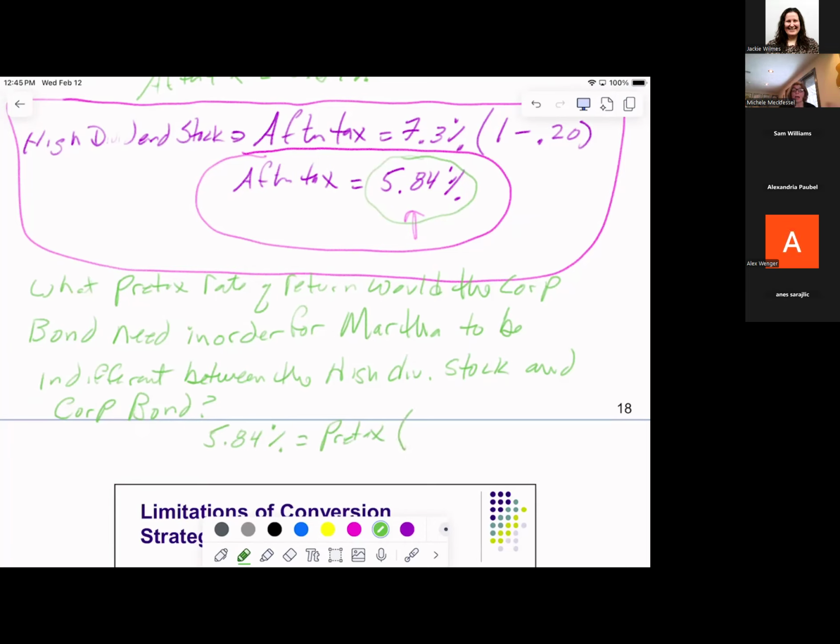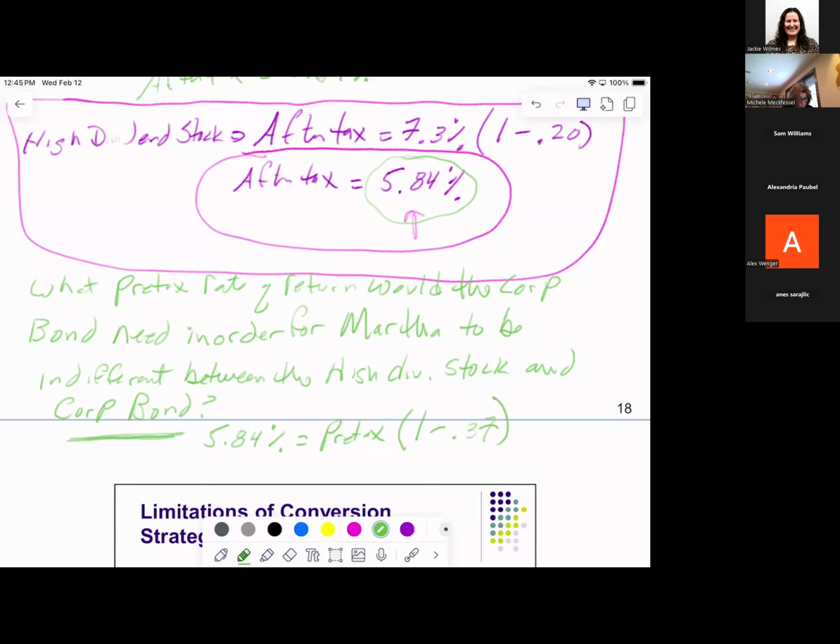Okay. And now we need this one minus our tax rate, right? Well, in this situation, we're talking about the rates of return on a corporate bond. And we know that corporate bond interest is taxed at our ordinary rate. And we know that Martha's ordinary rate was 37%.